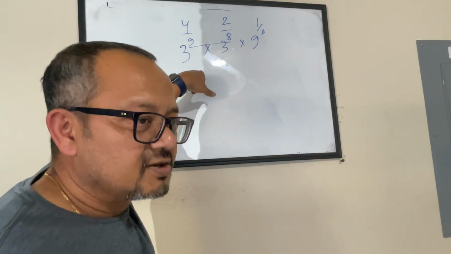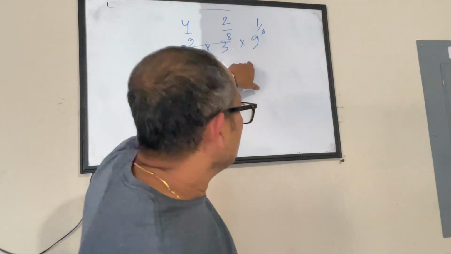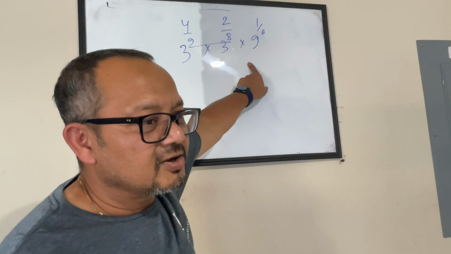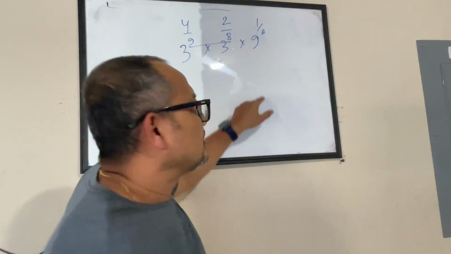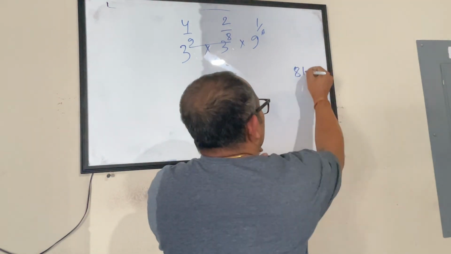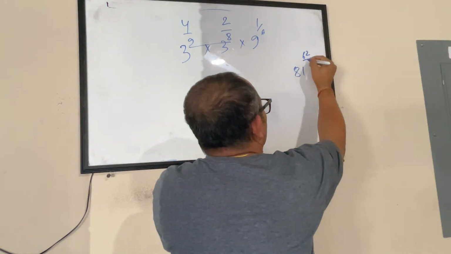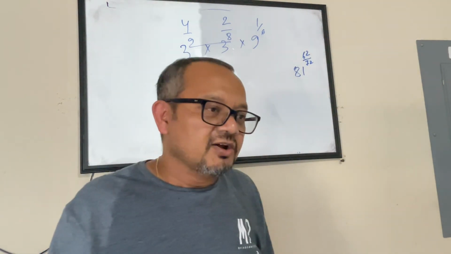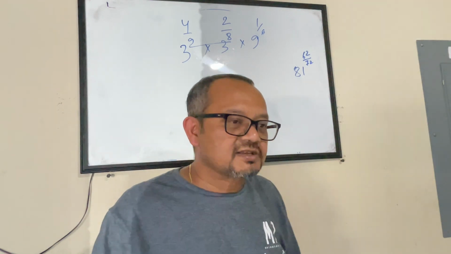And then I multiplied the bases, so I got 81 to the power of 62 over 72. This is your final answer? Yeah. Okay, let's see what everybody else is going to share.